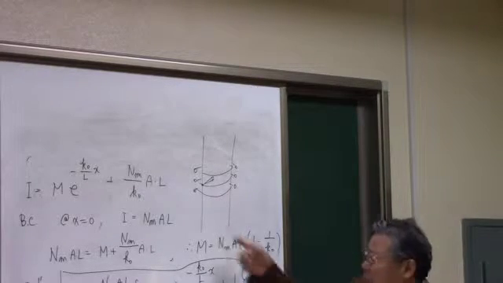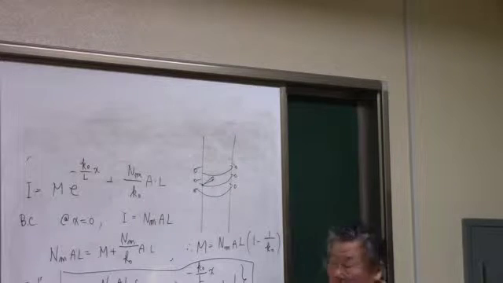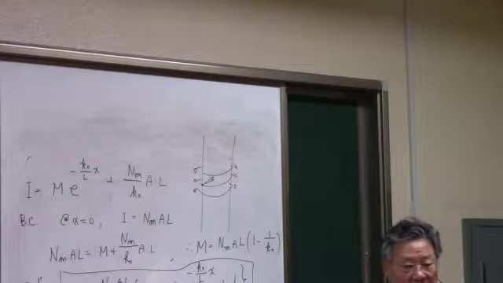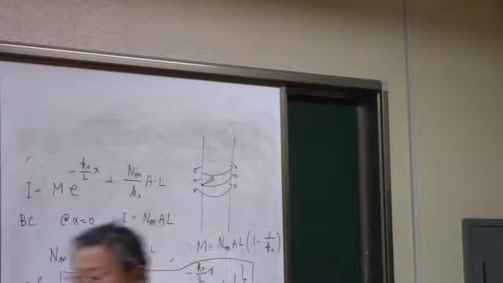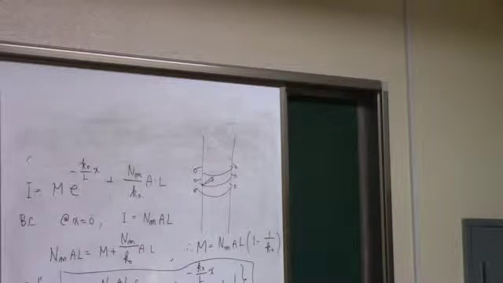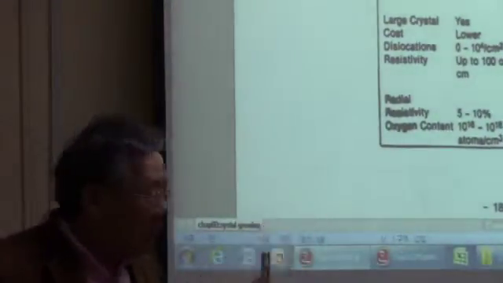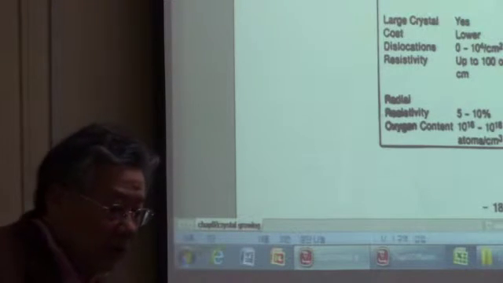And if you have larger crystals, then this temperature difference between the outermost and the core should be big, so it is very hard to make big single crystals with the float zone technique.